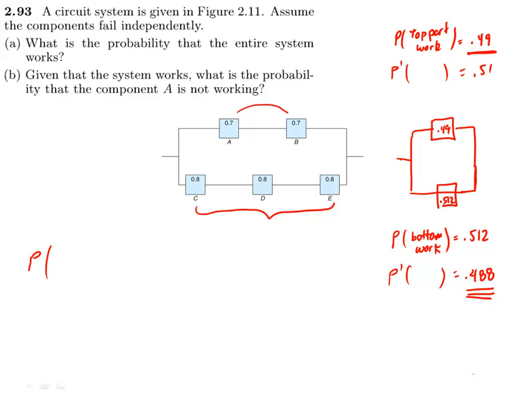So the probability that the entire system works will be equal to 1 minus the multiplication of the probabilities of the system not working, which is 0.752.